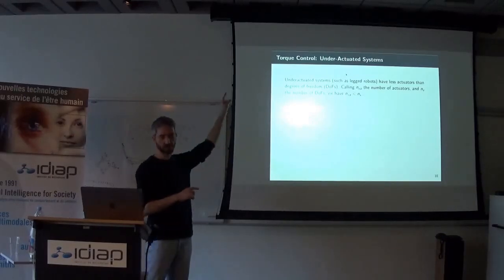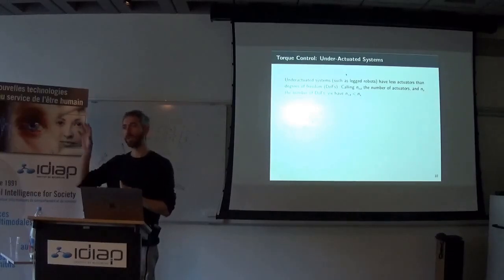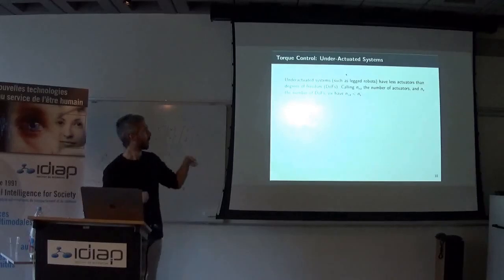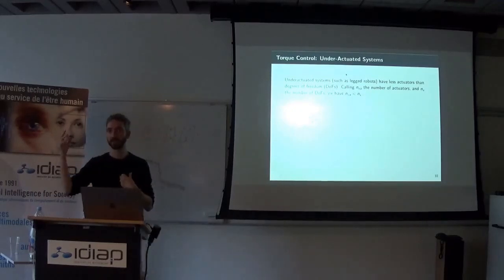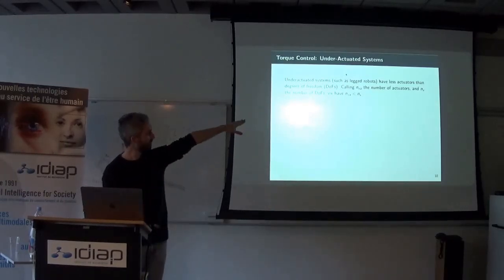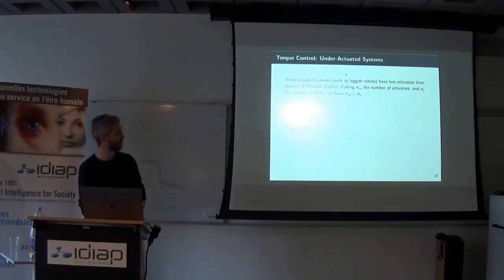So the dynamics that I just described was the one for a fully actuated system, so number of actuators equal to number of degrees of freedom. What happens if your robot is under-actuated, which is the case we are interested in, because that's the case for legged robots? Well, in this case, we're going to introduce some new notation. Let's call nu_a the number of actuators, and nv the number of degrees of freedom.